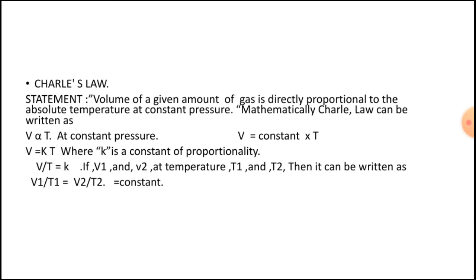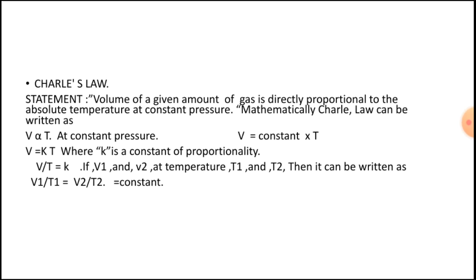Condition is that the pressure should be kept constant. So it is stated that volume of a given amount of gas is directly proportional to the absolute temperature at constant pressure.